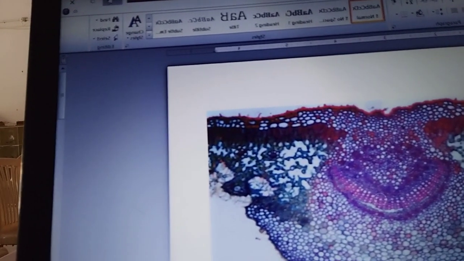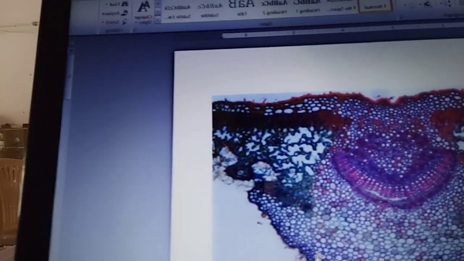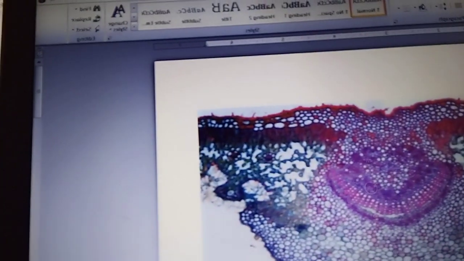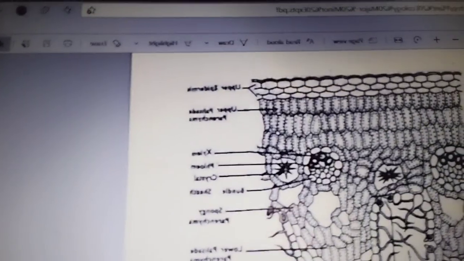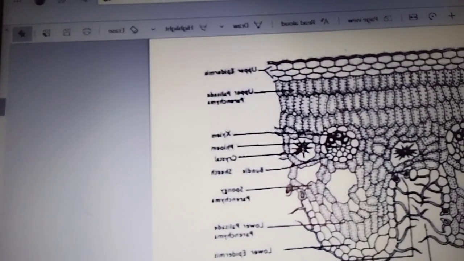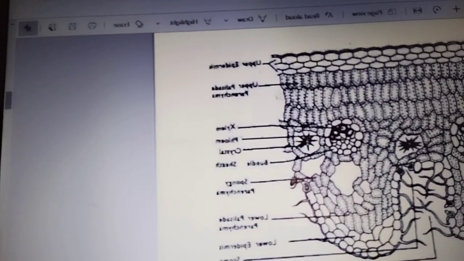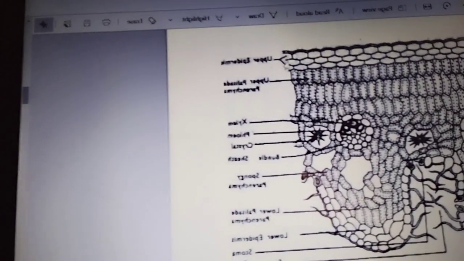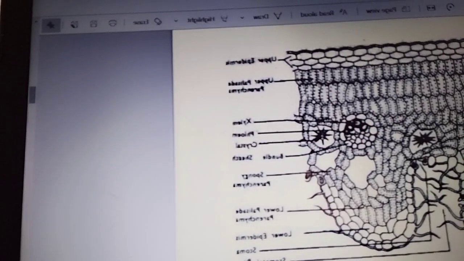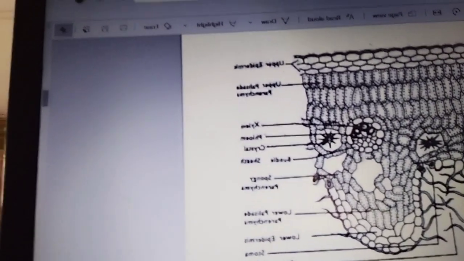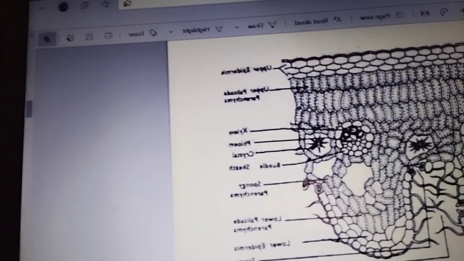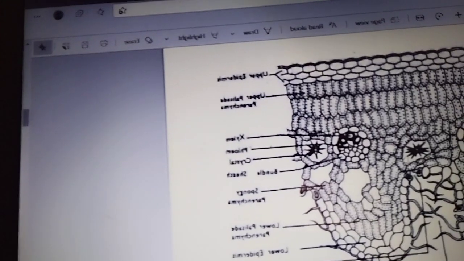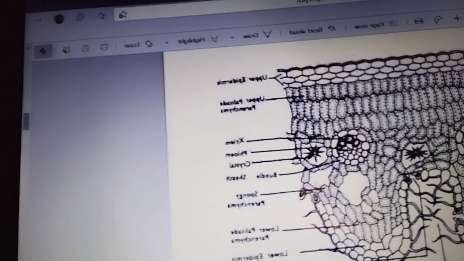The next one that I am going to show you is this diagram from the lamina region. Again, the upper epidermis is multilayered and cutinized, followed by palisade parenchyma and spongy parenchyma with cavities, and a number of cells show crystals of calcium oxalate.